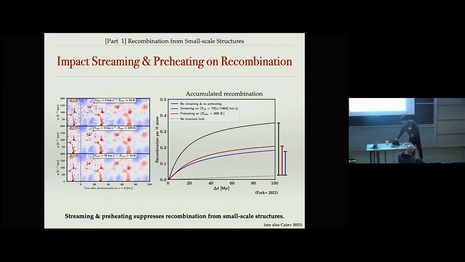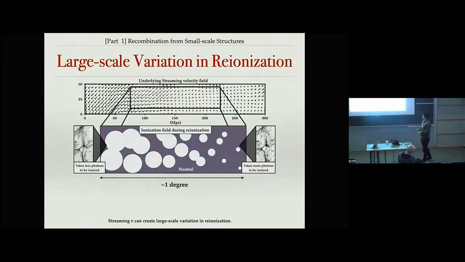Then this has an interesting implication for the large scale reionization, because the stream velocity actually has very large scale fluctuations, 1 degree in the sky at the epoch of reionization. So you can have a 1 degree sized patch of the universe where you need fewer photons to ionize the universe, whereas in another patch you need more photons to reionize the universe. So you can expect reionization happening faster in a region with stronger stream velocity.